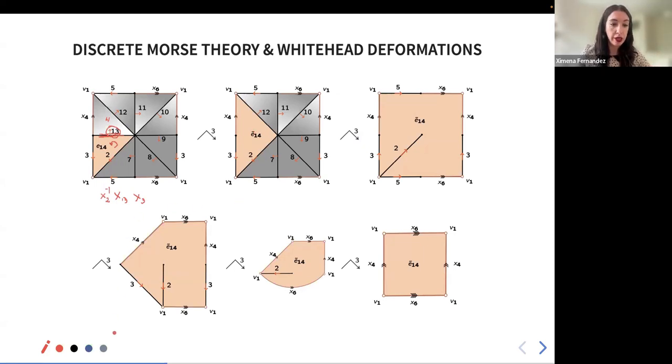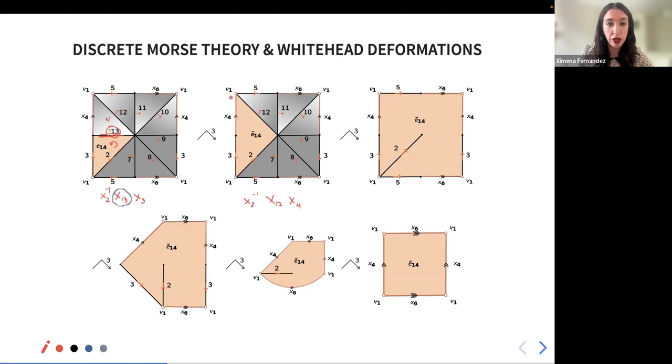In this case, you have this one cell that does not exist anymore in this complex, so you modify the attaching map in this way. It's very simple to describe the new attaching map algorithmically. So let me write. The new attaching map is going to be x2 to the -1, x12, x4.